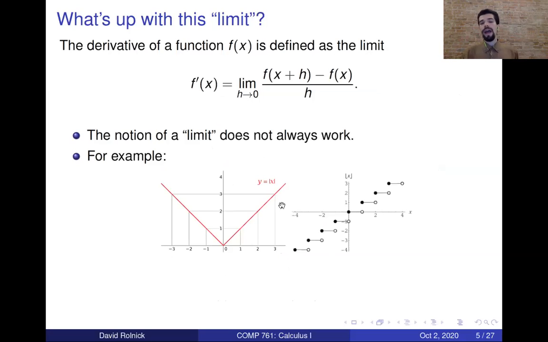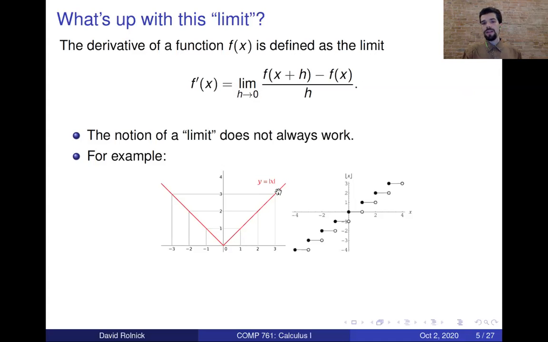For example, if you have the function y equals the absolute value of x, it has these instantaneous slopes, derivatives, at all of these points, but if you try to compute the slope at this point, well, it has this bend. It's a sudden bend, and there isn't actually a slope there. Or more properly, this limit actually is different depending upon whether h is positive or negative, essentially.